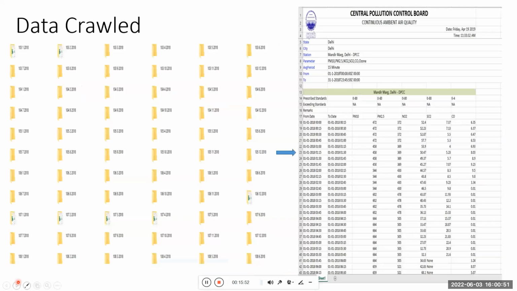Then when you crawl the data, you have plenty of folders, and in each folder you have monthly or yearly Excel sheets with millions of rows and columns. And you can see that when you have more than 13 parameters, only a few are showing in the column-wise data.